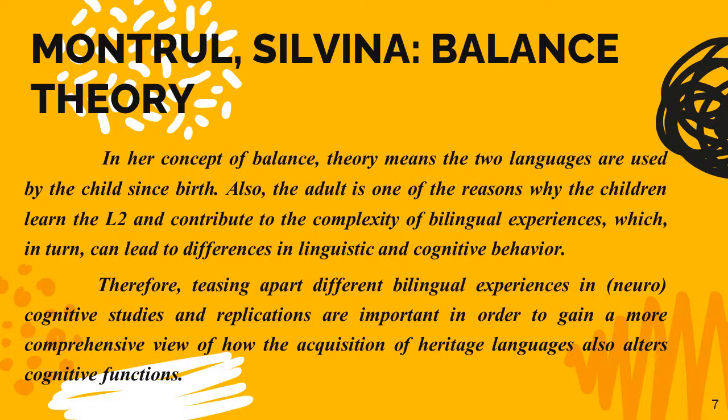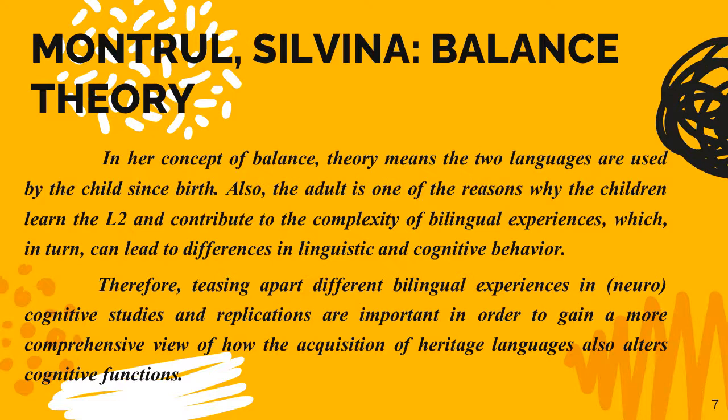In her concept of balance, theory means that two languages are used by the child since birth. Also, the adult is one of the reasons why the children learn the second language and contribute to the complexity of bilingual experiences, which in turn can lead to differences in linguistic and cognitive behavior.